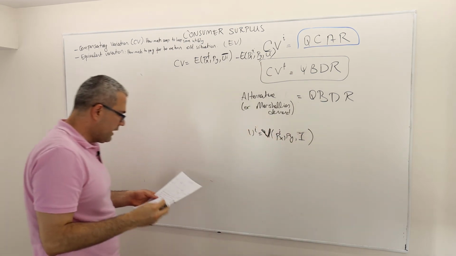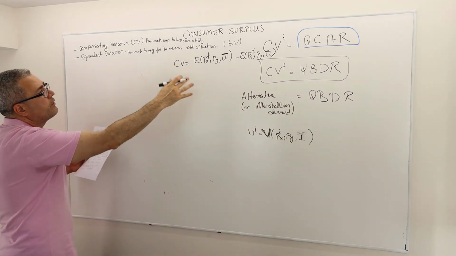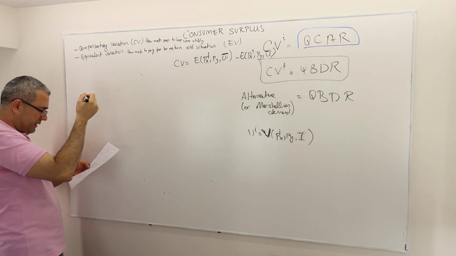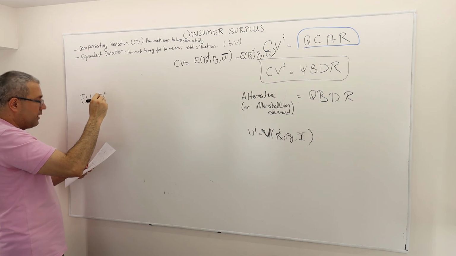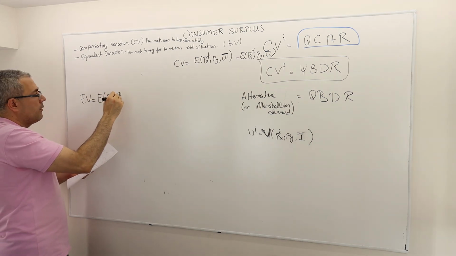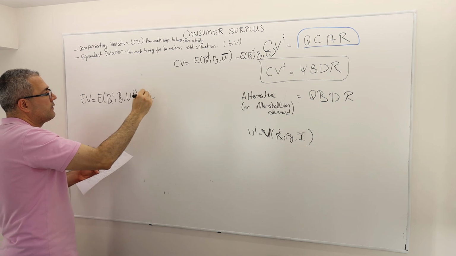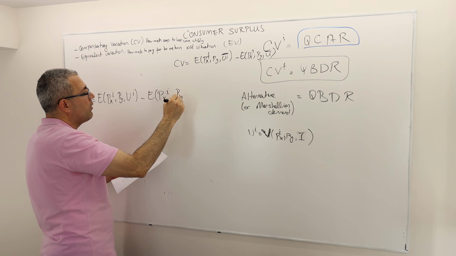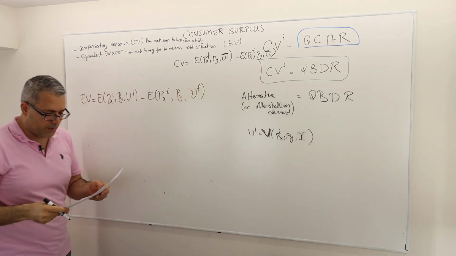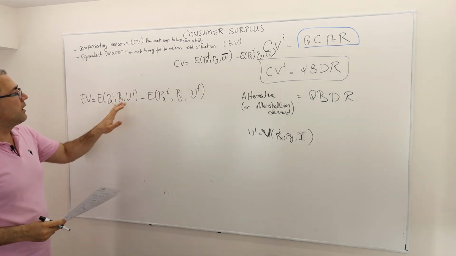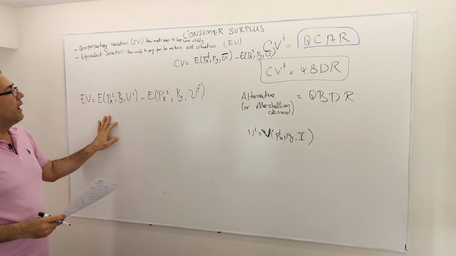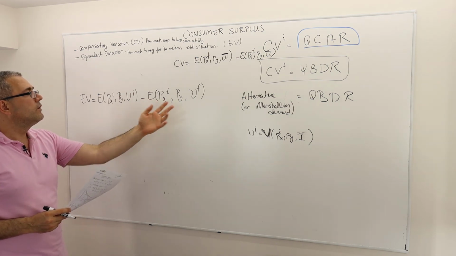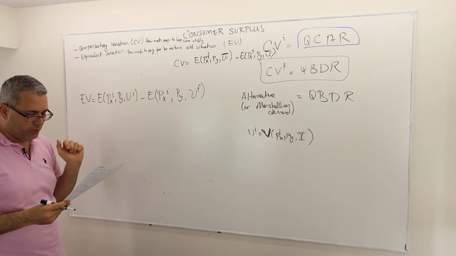Equivalent variation is how much to pay to return to the old situation. So basically, equivalent variation is the expenditure at the initial price PY, U initial, minus expenditure PX initial, PY, U final. Given those initial prices, how much money is this guy willing to pay to go back to his initial utility level?